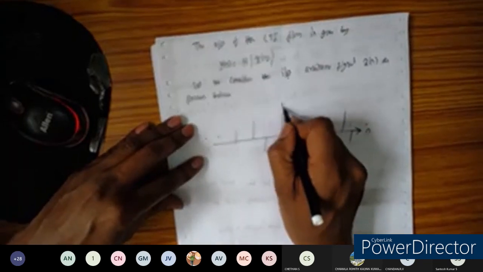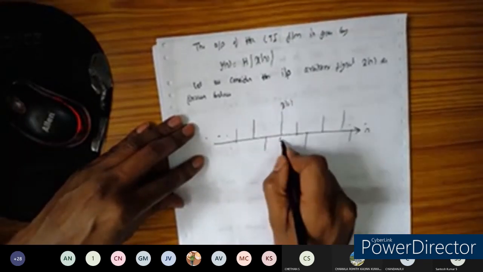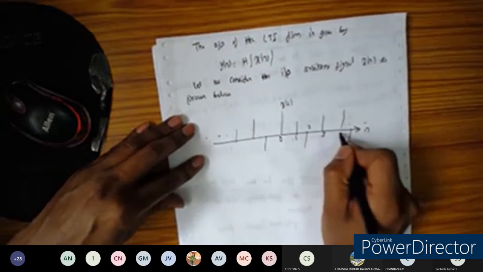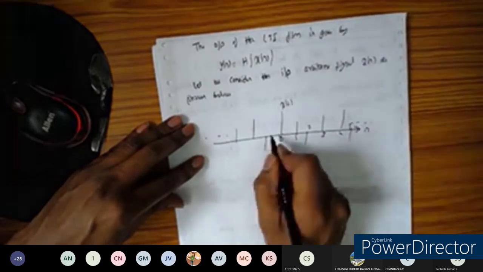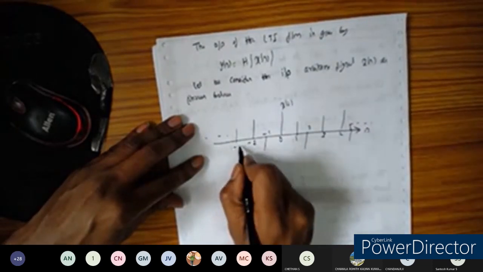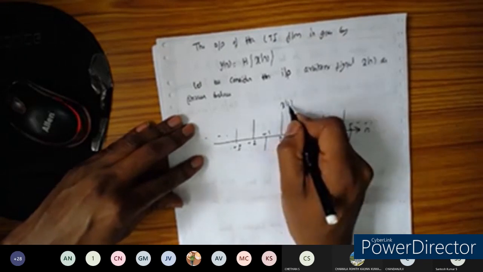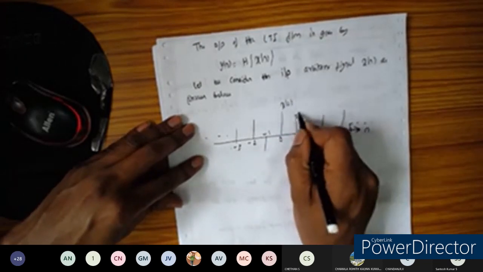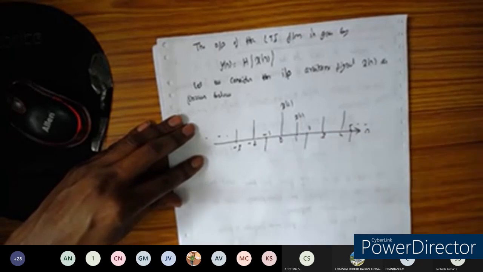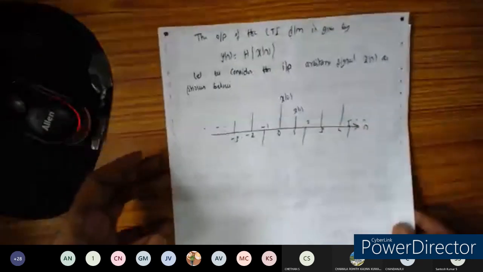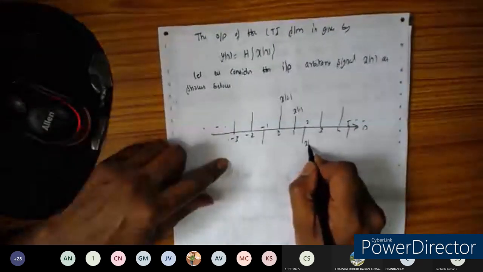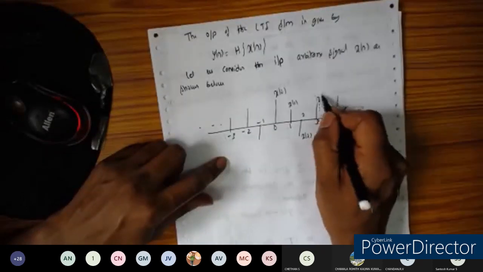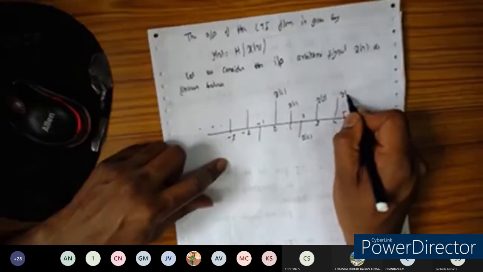So this is n is equal to 0, n is equal to 1, 2, 3, 4, 5 and so on. This is -1, -2, -3. This value I'm going to call x of 0, and this value at n is equal to 1 I'm going to call x of 1. At this one x of 2, this one x of 3, x of 4.